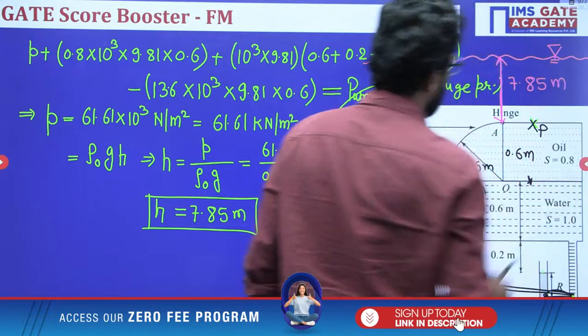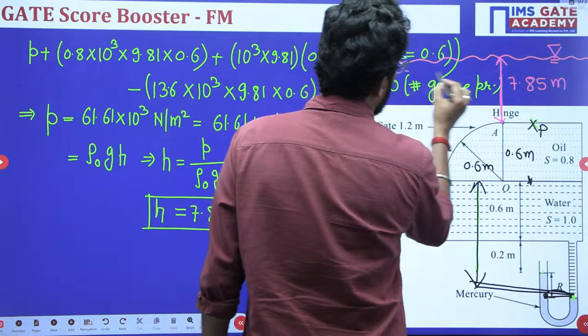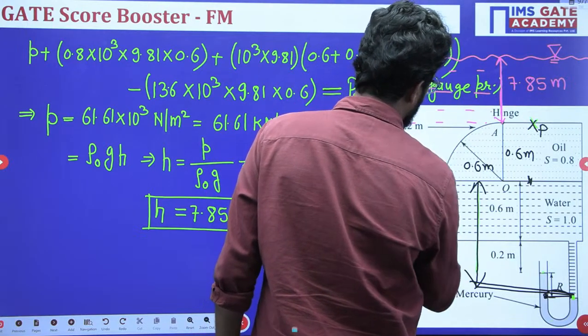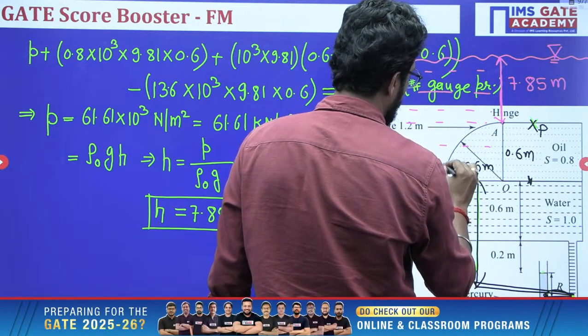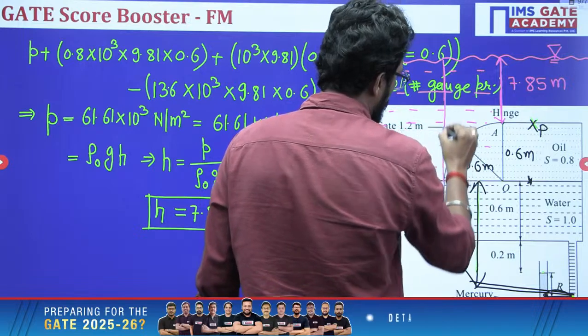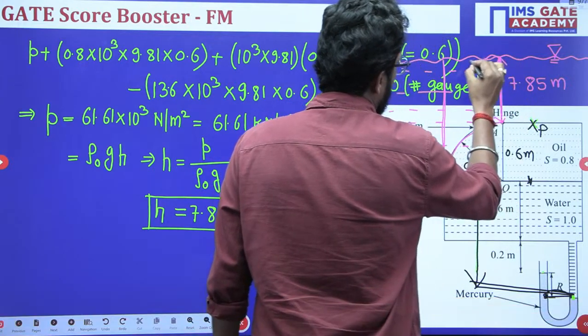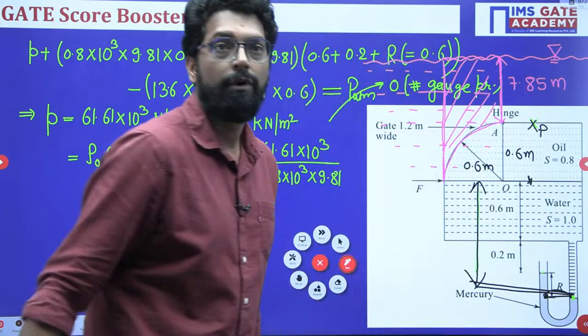Now for the calculation, there is a fluid on this side, and this fluid is an imaginary fluid up to this portion. That means you have to design up to this portion. So this is the imaginary fluid, my dear, above the curved surface.